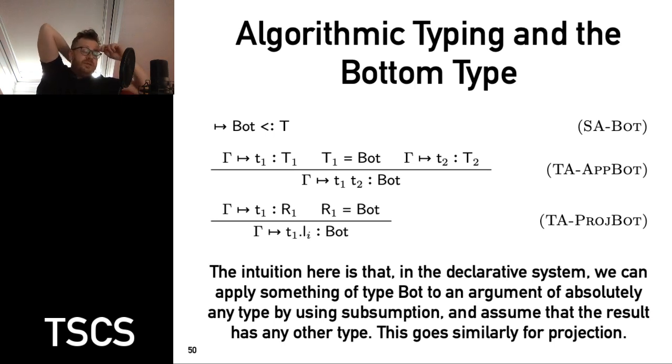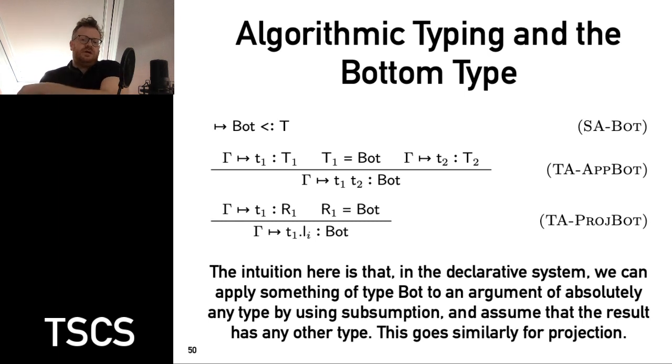And so if you check that bottom is a subtype of T, then you're fine. If you have a typing of an application where the type of the function is bottom, and then the result of the whole thing is bottom, because you don't know that anymore.